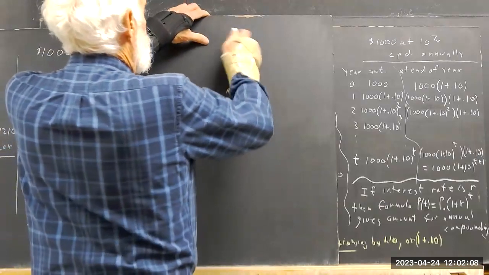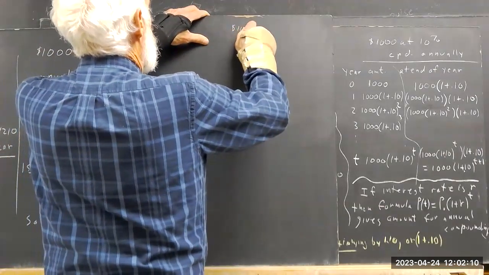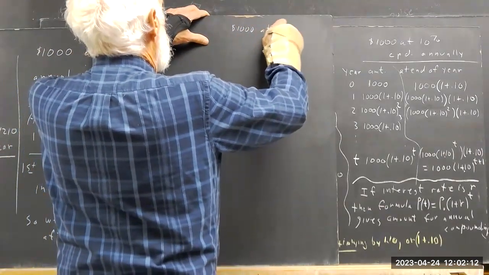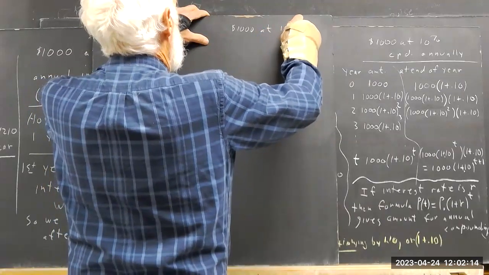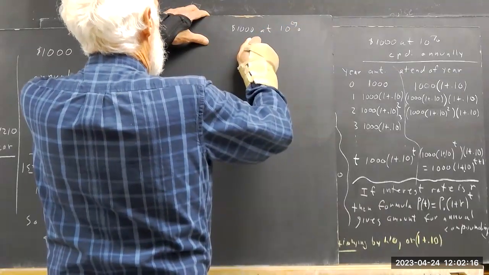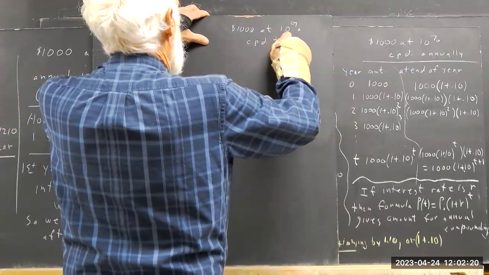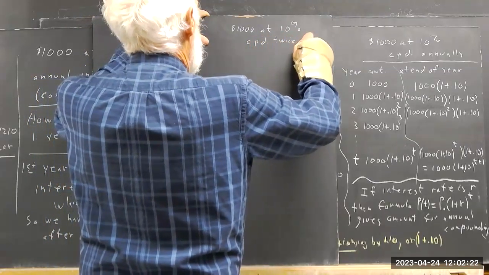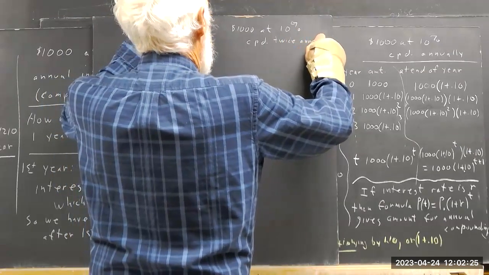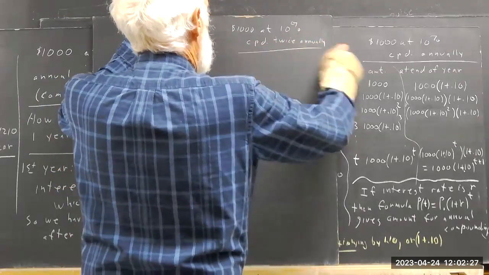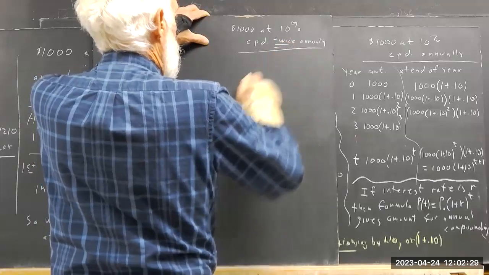So now we're going to do 1,000 at 10%. We're going to compound twice annually.